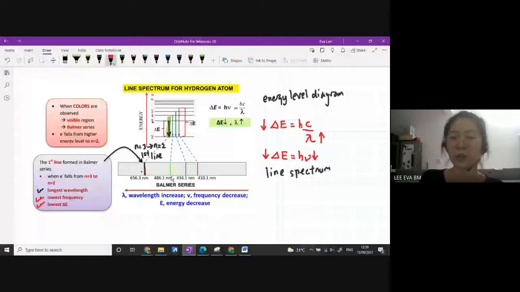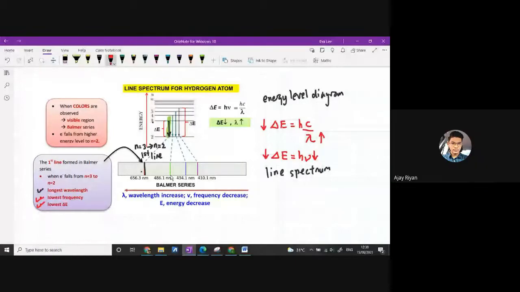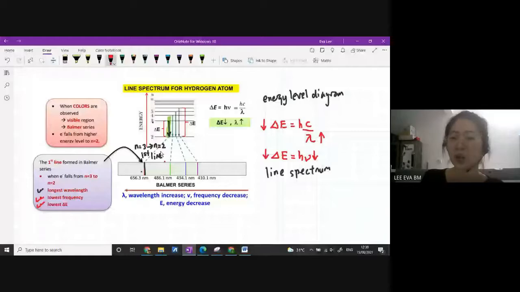For the second line, the transition is from where to where? From 4 to 2. So every time you have line spectra, you can write on top. For the second line, Madam writes here: n equals 4 falls to n equals 2. That is for the second line.